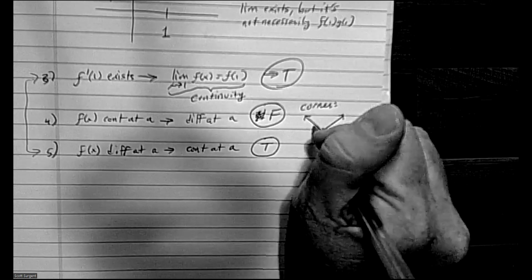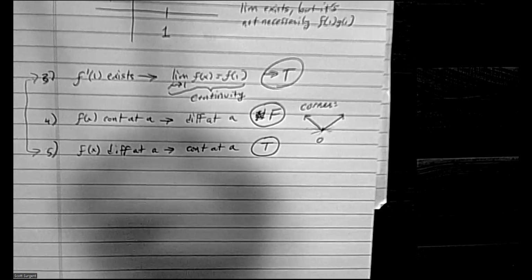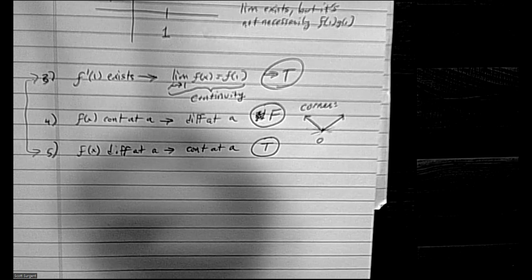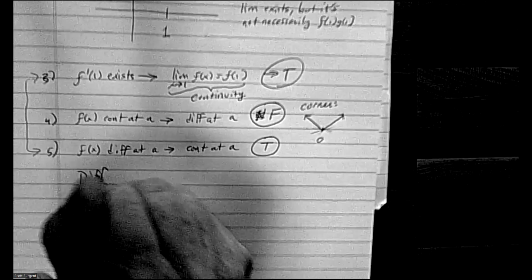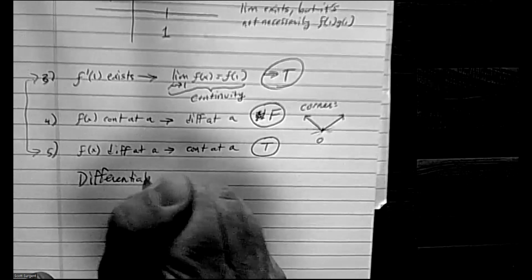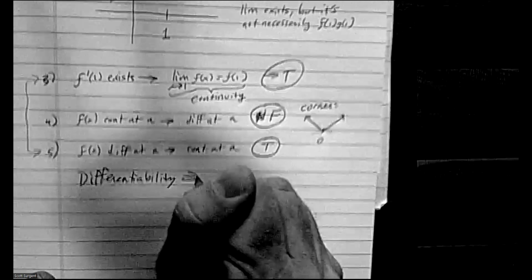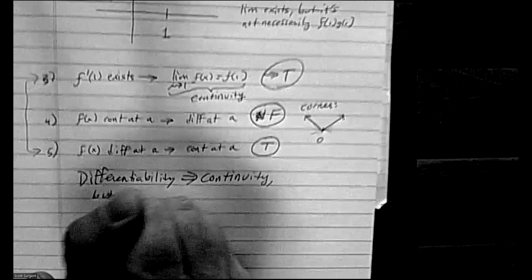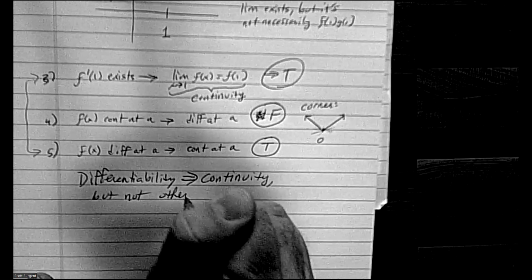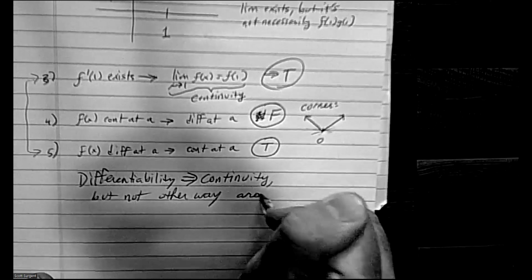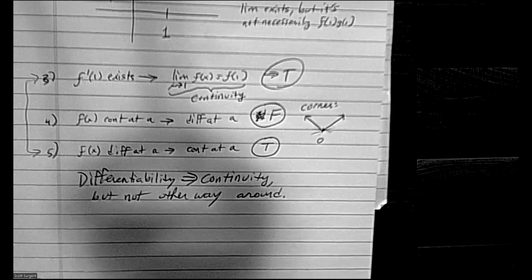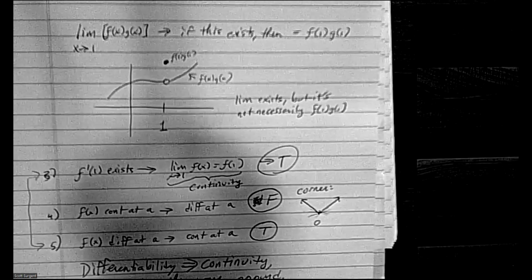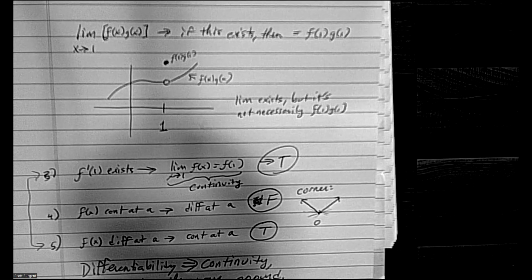There's no way to put a unique tangent line at that point. So differentiability implies continuity, but not the other way around. That makes sense. And the same thing applies to holes. Yes, exactly. Holes are just an example of discontinuity. So if we go back to that first example, that's just one way that the function could be not continuous.